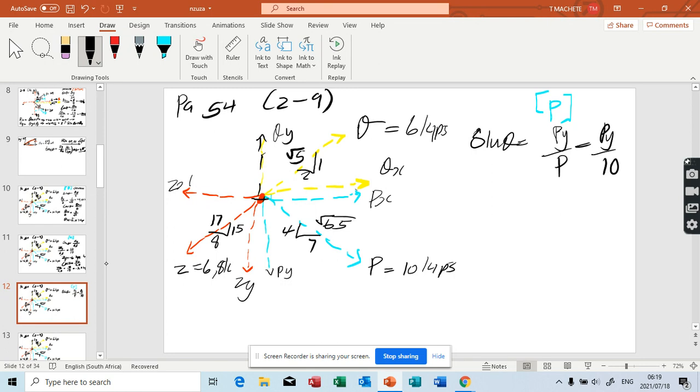Yeah, over 10. 4 over root, because sine is equal to opposite. Is it negative or positive? Negative 4.96.